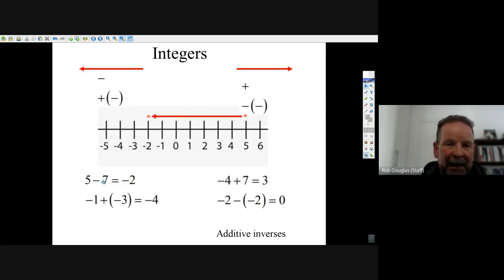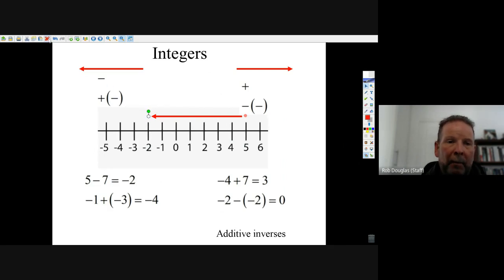But the main idea is when you subtract, think of the number you're starting with and go in the right direction. Go to the left. When you add a negative, you do exactly the same thing. This time, we're going to start at -1. So there we are at -1.